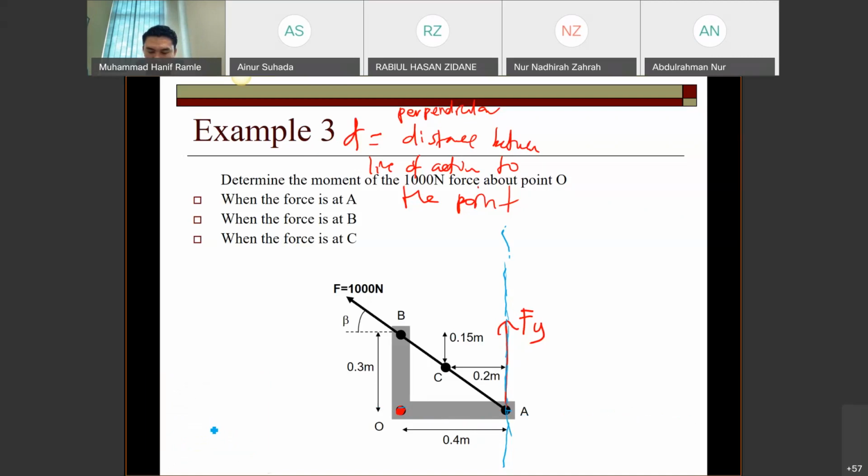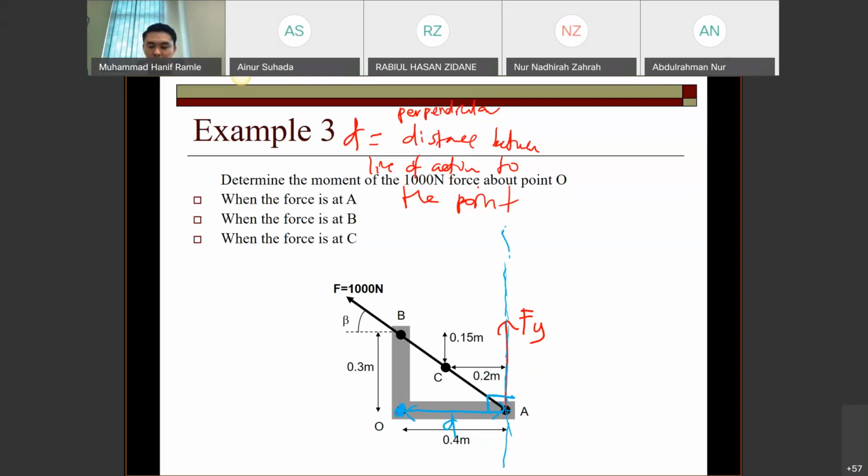This is the line of action for Fy, and the distance from O to the line of action is the perpendicular distance, D. So for the Y component we have a perpendicular distance, but for the X component there is no perpendicular distance, meaning that D is 0. That's why in my previous writing I put Mx equal to 0. Do you get it?